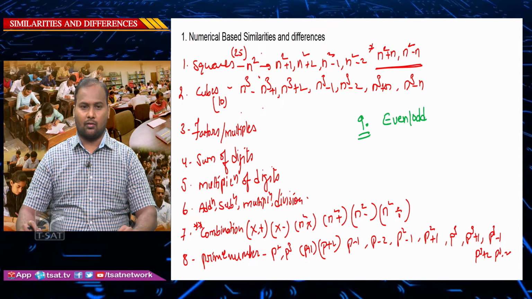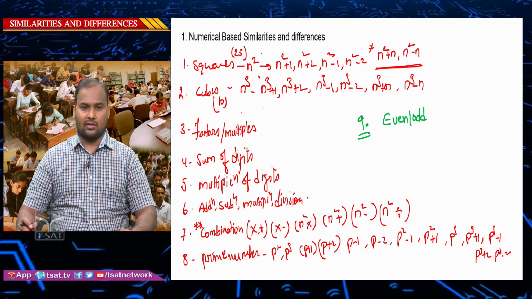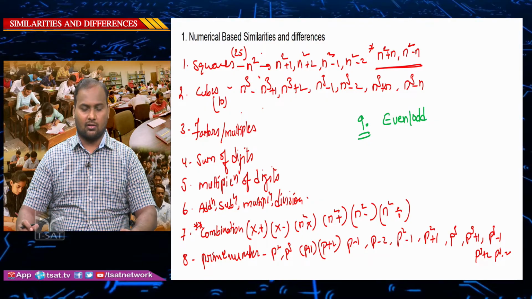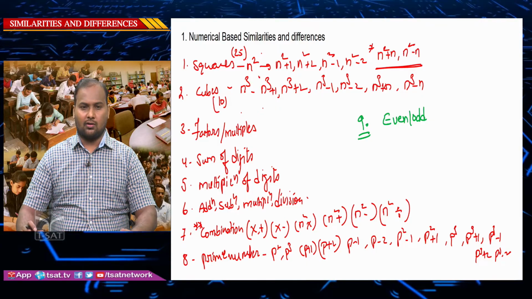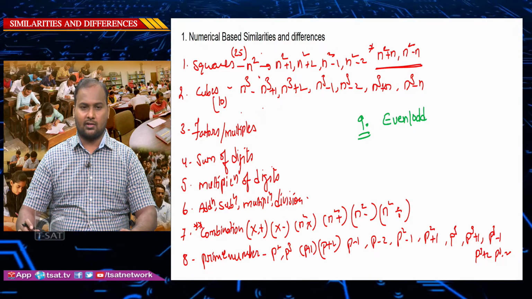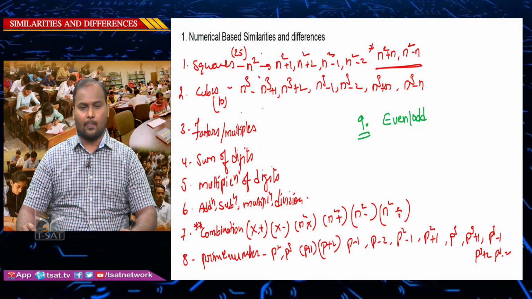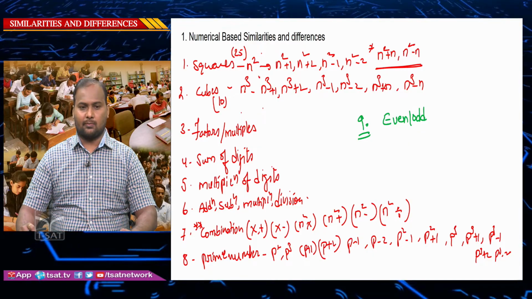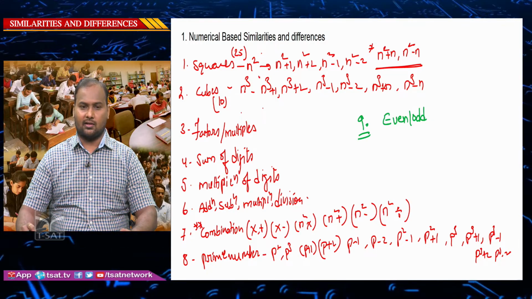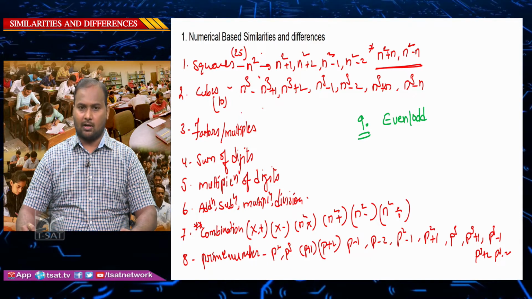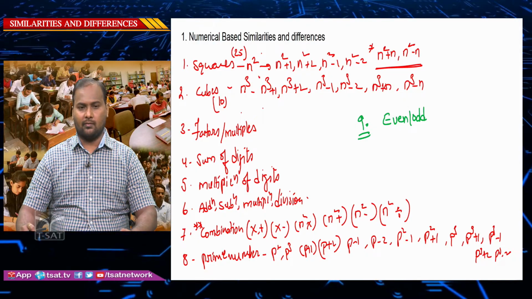The combinations include various types, for example, squares and multiplications, squares and additions, squares and subtractions, squares and divisions, followed by cubes and multiplications, cubes and additions, cubes and subtractions, and cubes and divisions. Or we can see combination types based upon addition and subtraction, addition and multiplication, additions and divisions, subtractions and divisions, multiplications and divisions. So these are the various types of combination questions that can be seen.